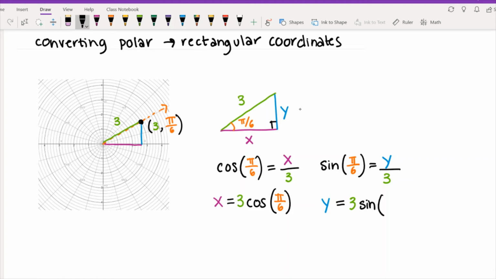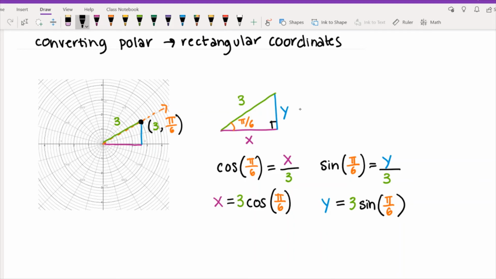Kind of makes sense, right? We know that the y coordinate is associated with sine, and the x coordinate is associated with cosine. It's basically like an extension of that idea that we've seen on the unit circle, but now instead of on the unit circle, we have a situation where the radius is 3 instead of 1.